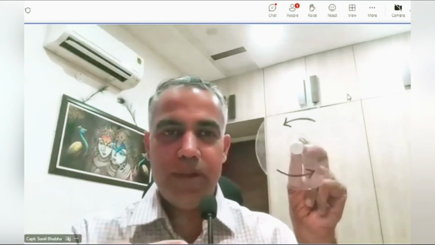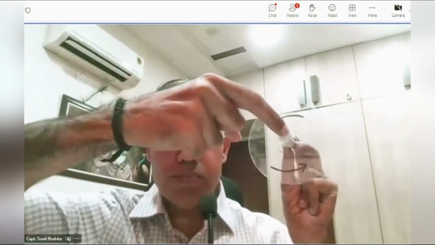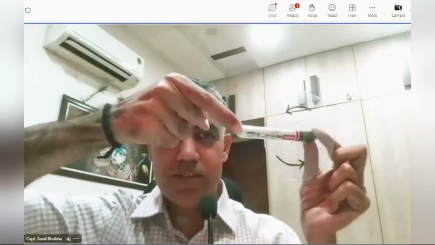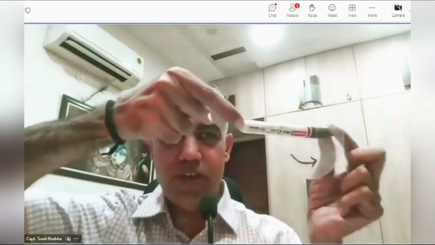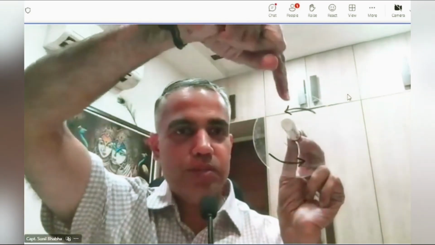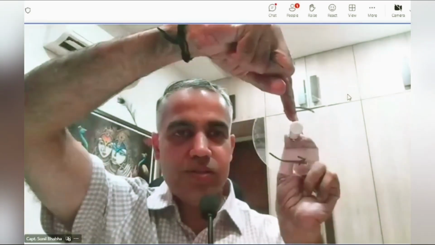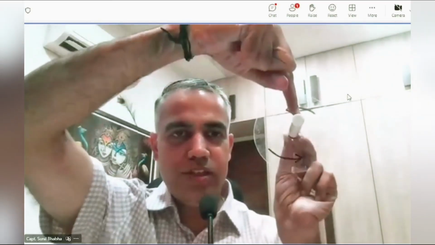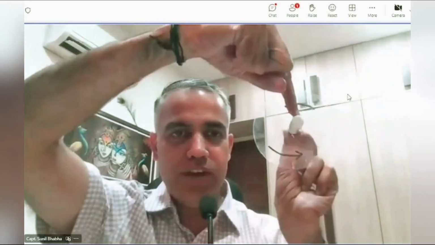Now let us say we apply a force on this part of the spin axis. This is the spin axis. If I apply a force in this particular way, gyroscopic precession says it will not move like this. A normal object would have moved like this if I apply a force.